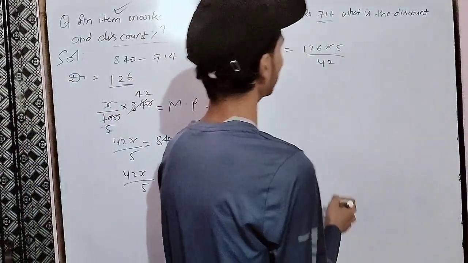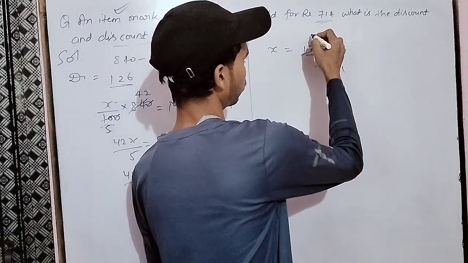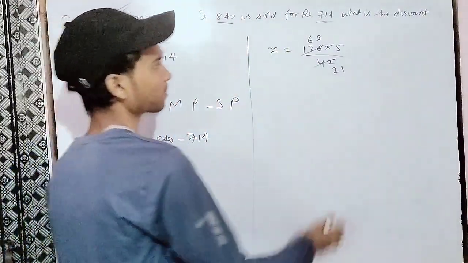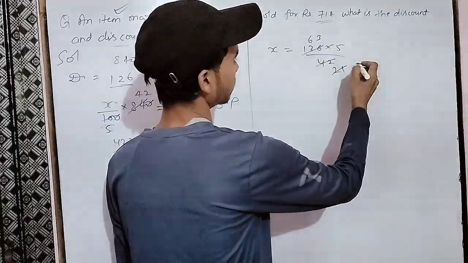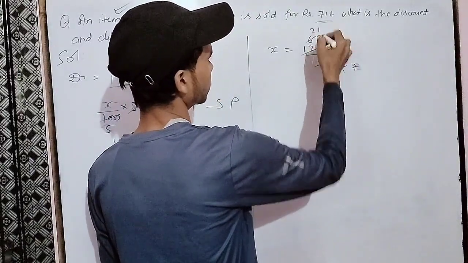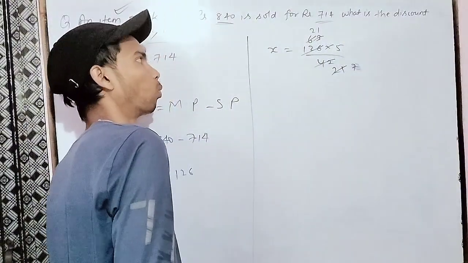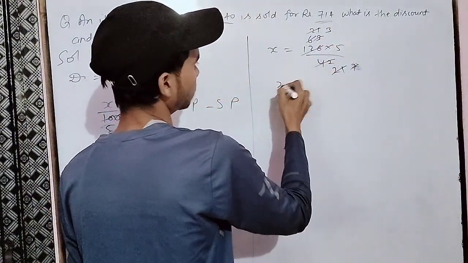Now we are going to simplify: 2 ones are 2, 2 6s are 12, 2 3s are 6. Then 3 7s are 21, 3 2s are 6, 3 1s are 3. 7 3s are 21, and 3 5s are 15.